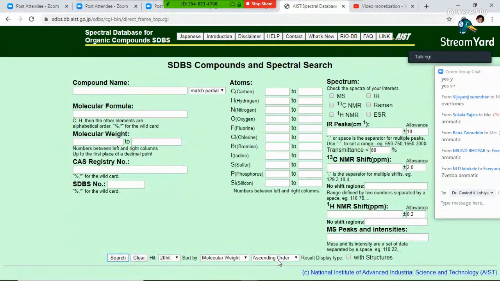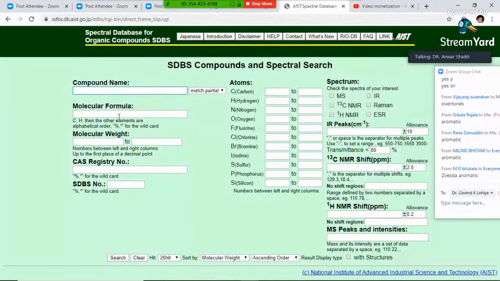Sometimes, say for example 2-methyl pyrrole, 6-amino pyrrole, as an intermediate you are preparing in the lab, and that molecule's actual spectra is also available here. So you may be copy pasting the spectra instead of actually going through the spectral analysis. That's why the site is saying that you should not use the data.